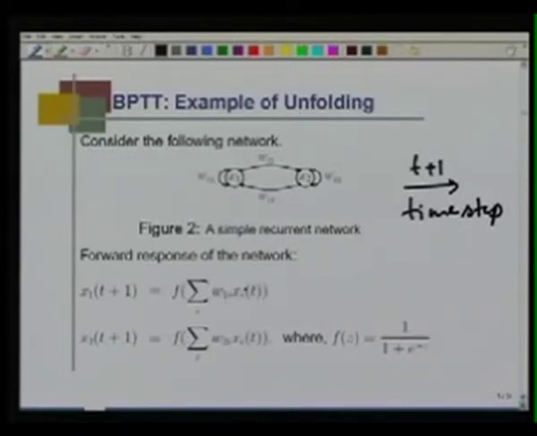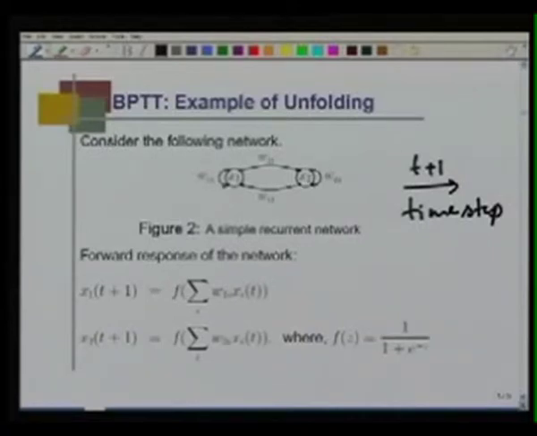You can easily see x1 t plus 1 here is a function of w12 into x2 t and w11 into x1 t, okay. So, w11 x1 t, w12 x2 t and a function.